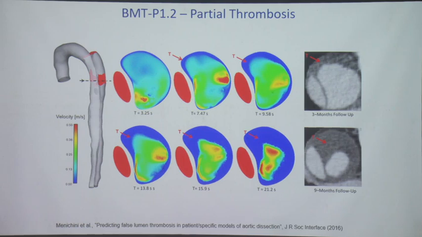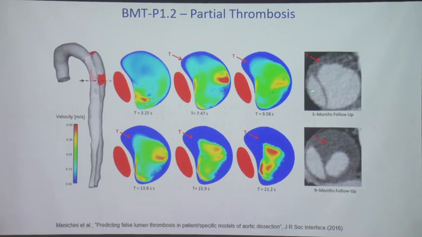So we have a patient geometry over here, and I think this shows at this section that's where the thrombus is found to be formed. So this is the CT scan at 3 months follow-up of this patient, which shows partial thrombosis. So this dark region is the thrombus, and this bright region, these are the lumens.